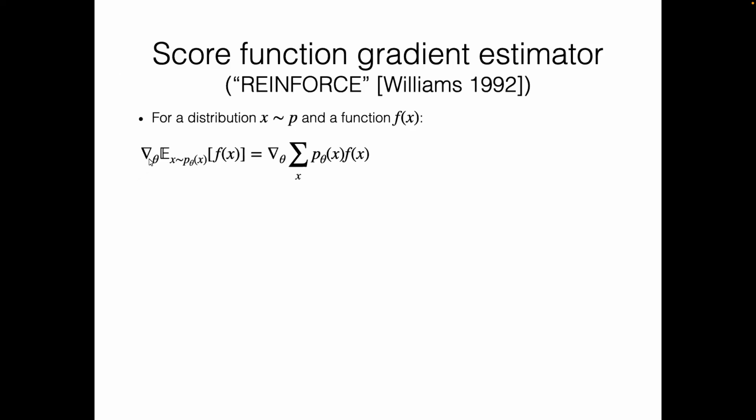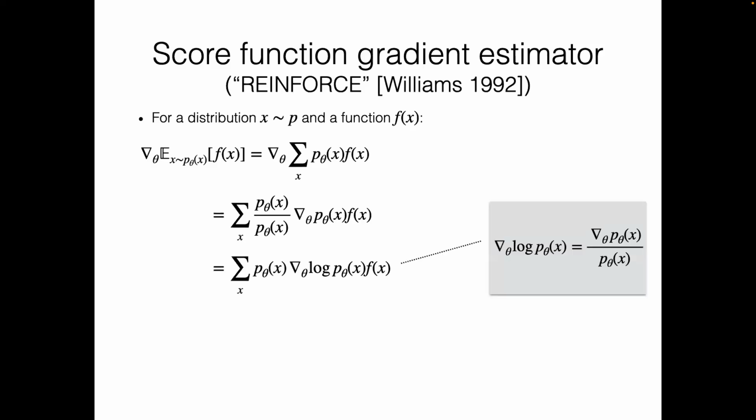So we could say, okay, we want to take the gradient of this objective, which is the expected function value, or expected reward. And this is just writing out the expectation. Then what you can do is move the gradient inside of this summation. And then here it's just multiplying by 1, so you have p theta of x over p theta of x.